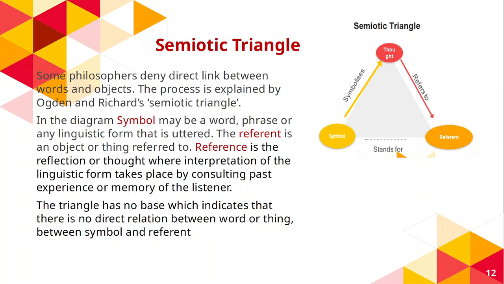You can see that the triangle has no base, which is indicated by the broken lines. This indicates that there is no direct relation between word and thing, between symbol and referent. So this is not actually fixed. That's why I said the same word can refer to different things.